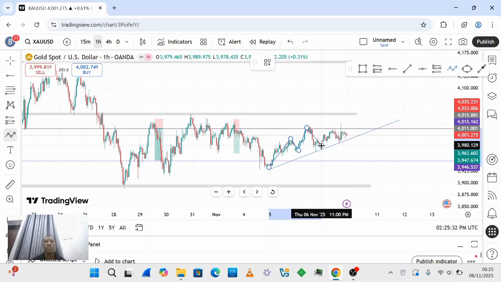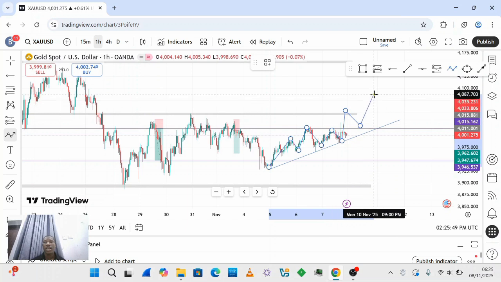All I'm waiting for gold to do is to go this way and break above here. When it breaks above this place, all I should be waiting for is it to come back under this level here to make a higher low, then to make a higher high. That's what I'm waiting for gold to do now.